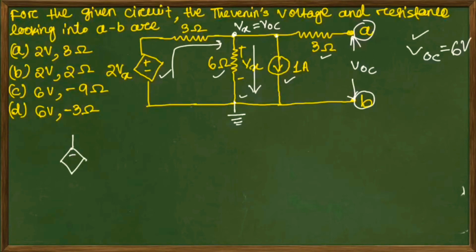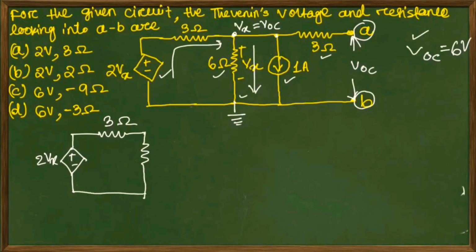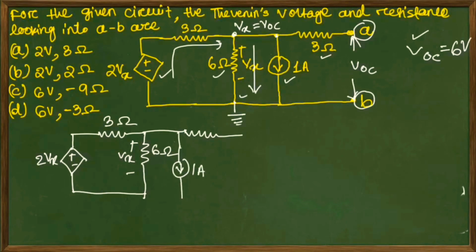This is a dependent voltage source 2Vx, 3 ohm, 6 ohm, Vx, this is 1 ohm, and this is the short circuited path. This is A and this is B. We have to calculate ISC.